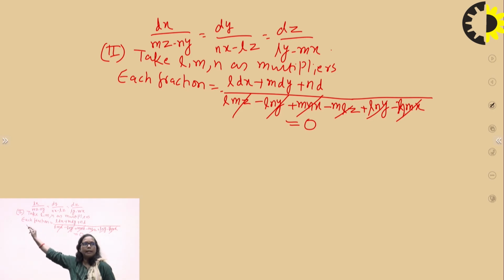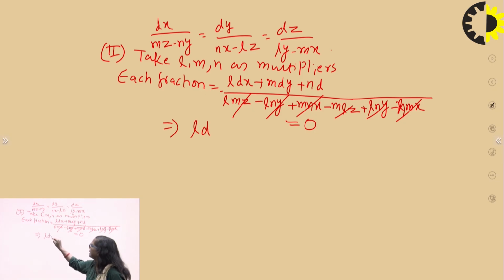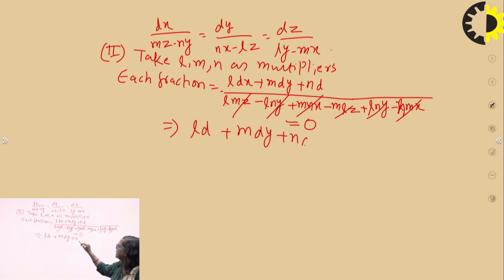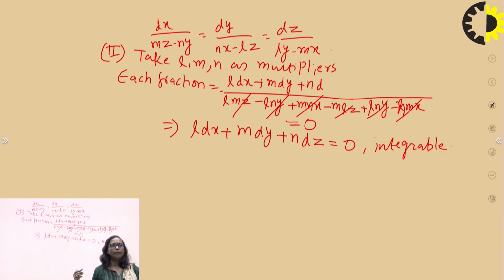This will make each and every fraction 0, giving you the value L dx plus M dy plus N dz equal to 0 now. And again, if you check, this is integrable. So now we integrate both sides.